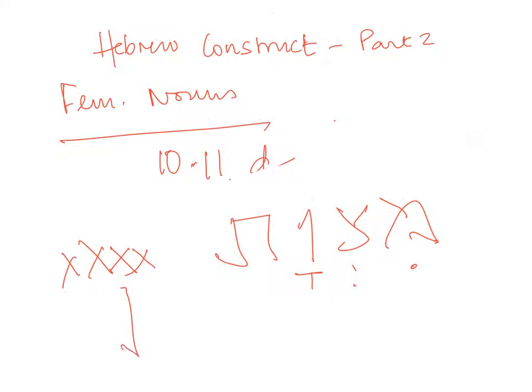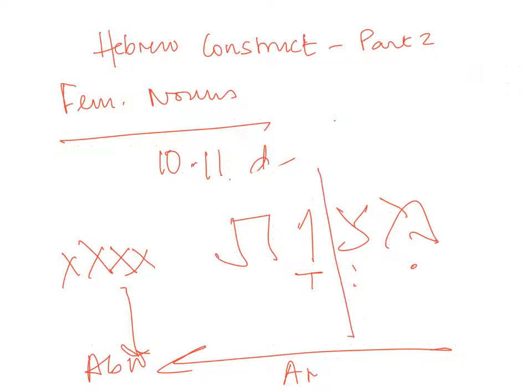Now remember, this is my absolute noun, and my accent is gone. This is a closed unaccented syllable.